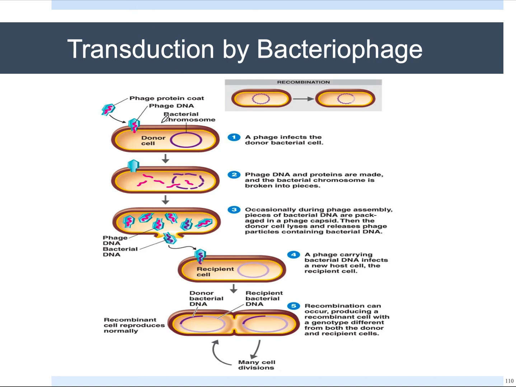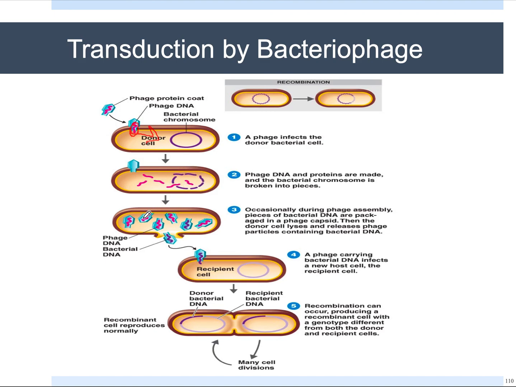The process is like this. You have a cell, and you have a virus that has infected a bacteria, so we call it a bacteriophage. The bacteriophage will then inject its genetic component into the donor cell, and the DNA that it's injected will be incorporated into the protein synthesis machinery and DNA replication machinery of the cell.